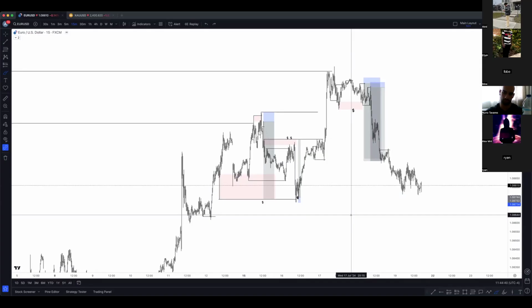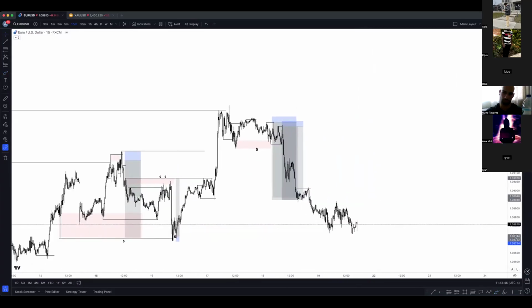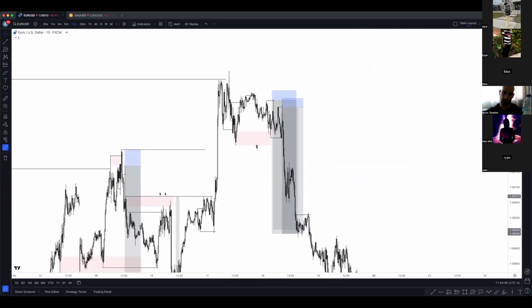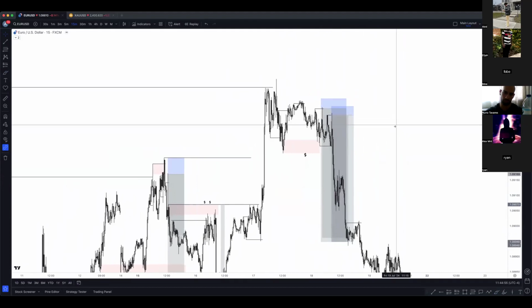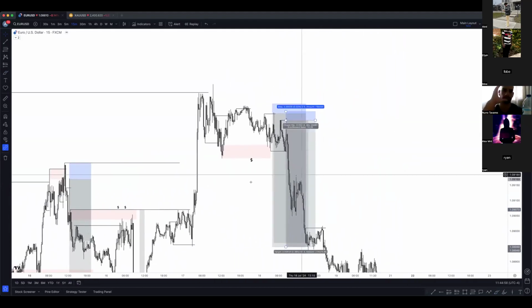Yes, so basically, you have to understand where the liquidity is, right? When there's multiple taps, obviously the market's building liquidity, but you have to understand what the market's actually doing, right?